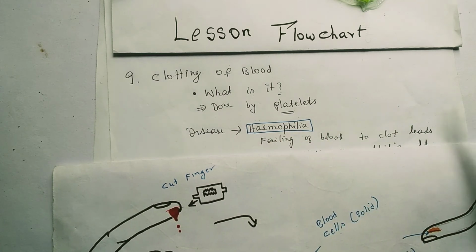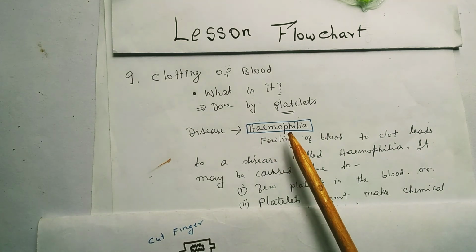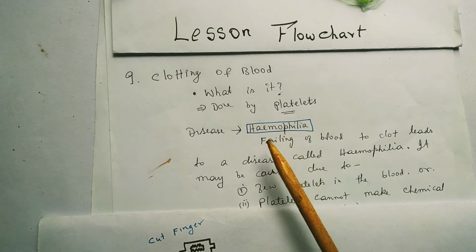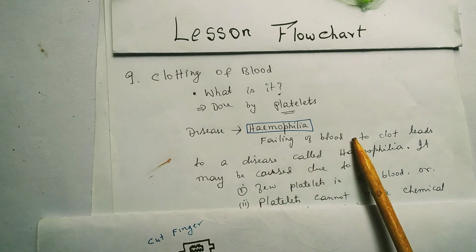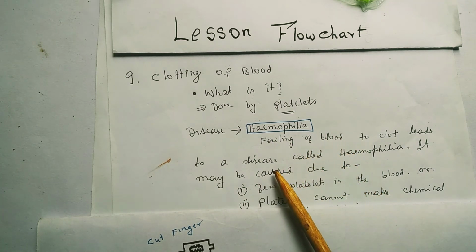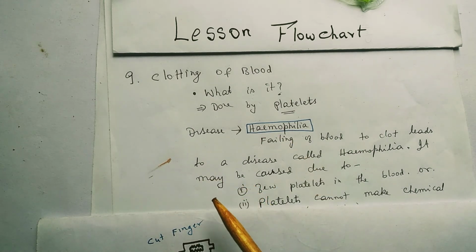Those persons are said to be hemophilic, or they suffer from hemophilia. So hemophilia is a disease which causes the failure of the blood to clot from a cut in the body, and that hemophilia can be caused by one of two causes.